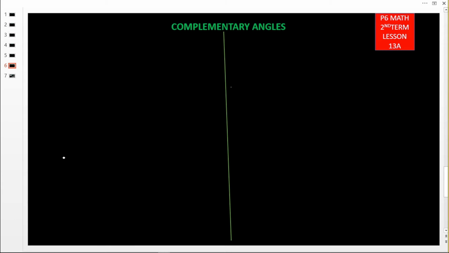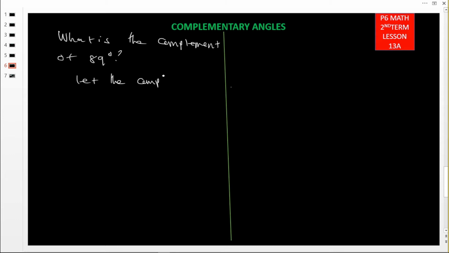So let us get this one. This one is saying, what is the complement of 89 degrees? So let that complement be GABA.